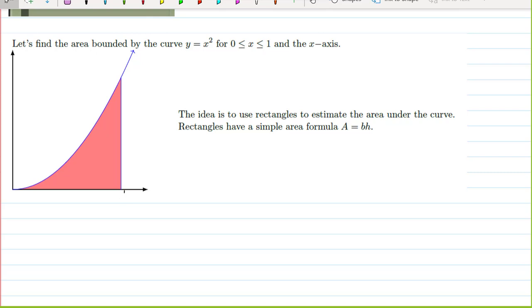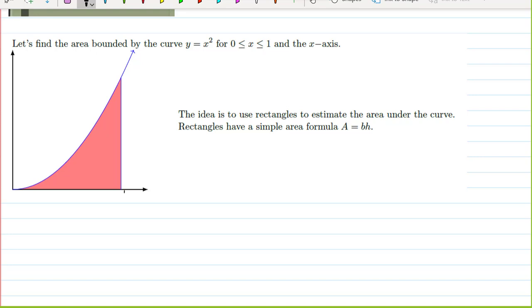And when we look at it, this area is not a triangle, it's not a rectangle, it's not any of those things. So the idea is we're going to go back to what we did in the very beginning. We want to use rectangles to estimate the area underneath the curve.